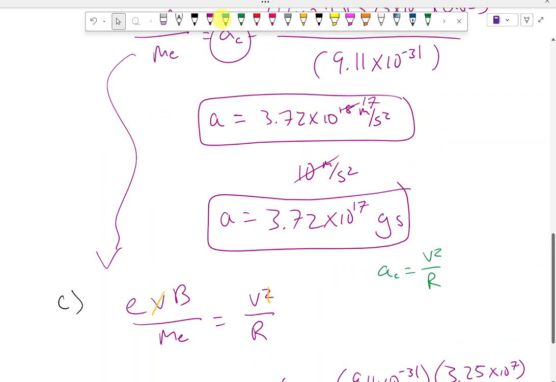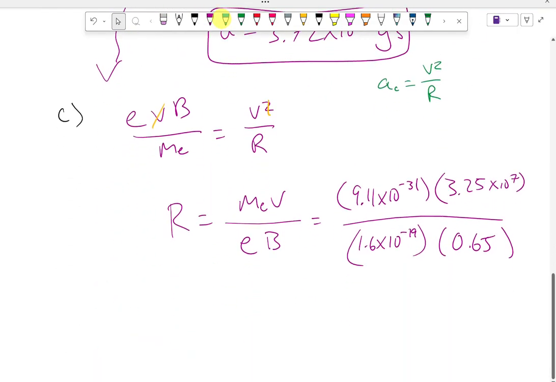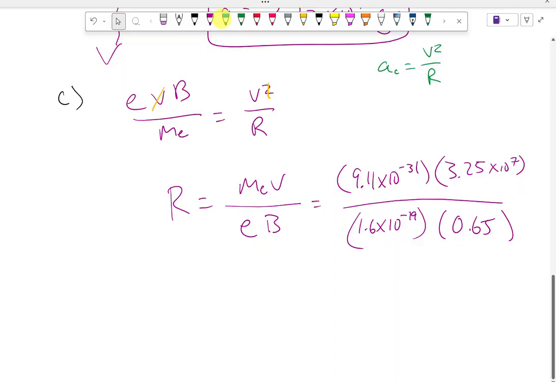So that's the mass of an electron times 3.25 times 10 to the 7 divided by the elementary charge times 0.65.